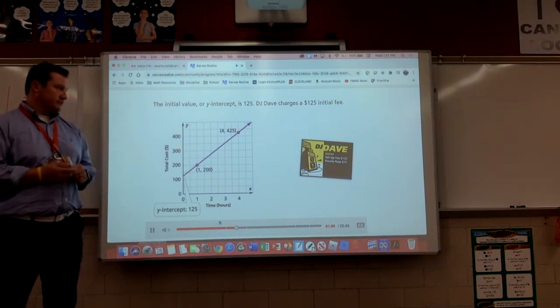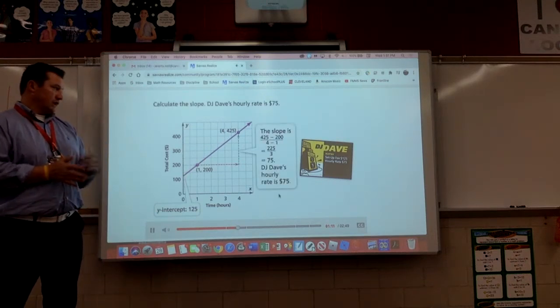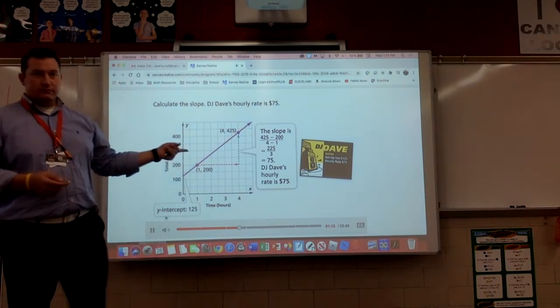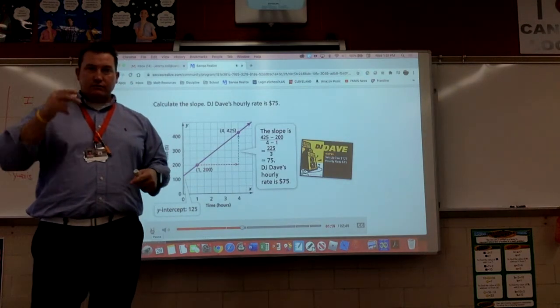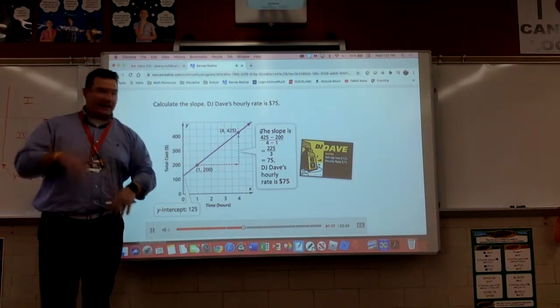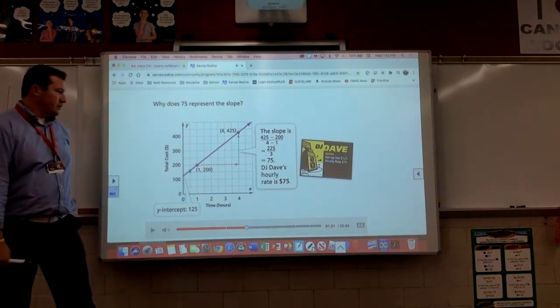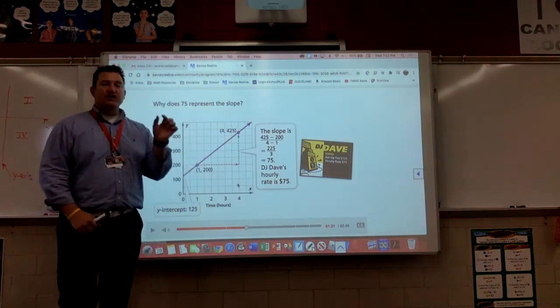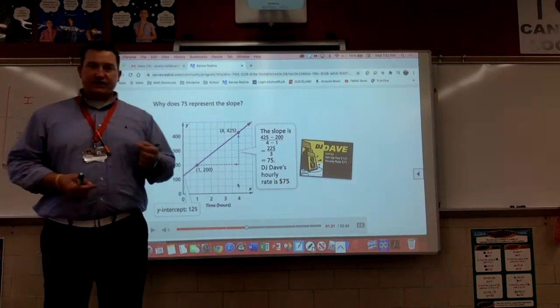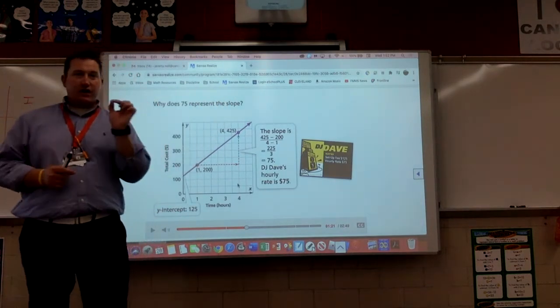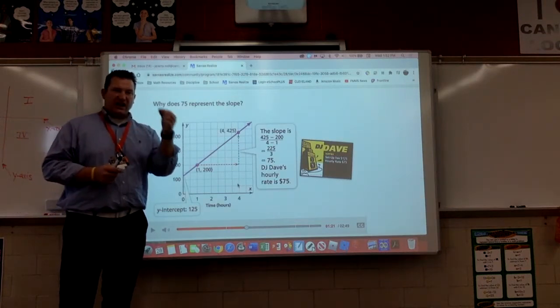Now calculate the slope. We can do this slope using two ordered pairs. DJ Dave's hourly rate is y minus y over x minus x, $75. Why does 75 represent the slope? Okay, so 75, again, we talk about identifying slope from a word problem and looking for that word per or each.